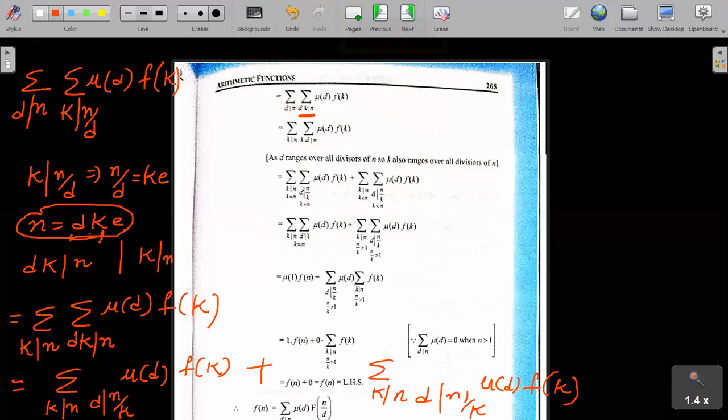So here this first term is the case when k is equal to n, and this term is the case when k is less than n. Girls, यहाँ तक clear है?